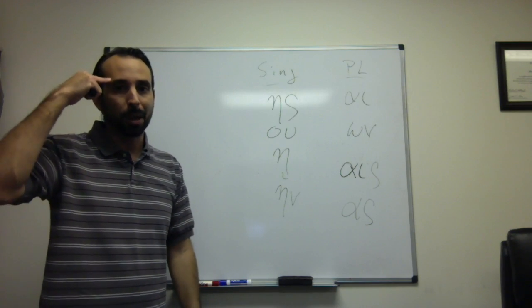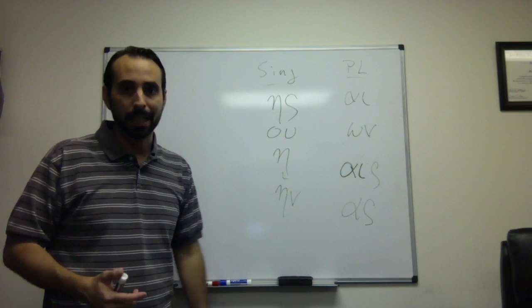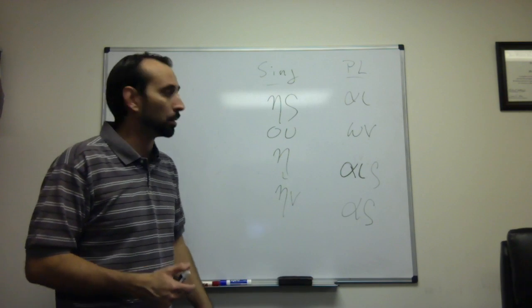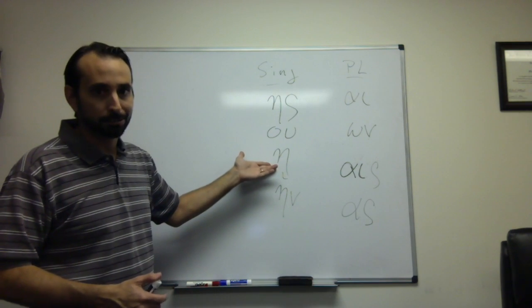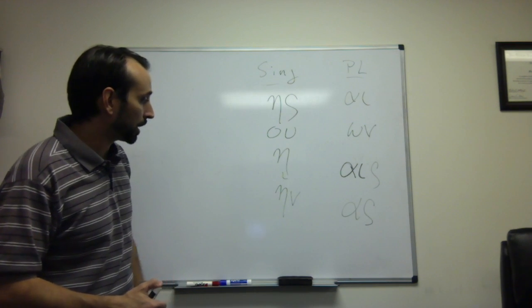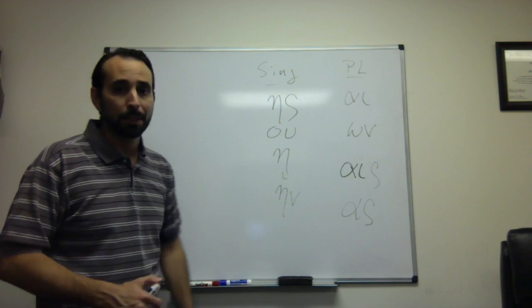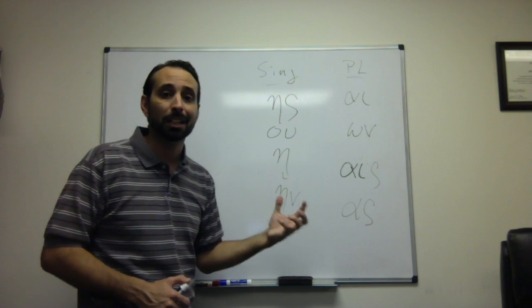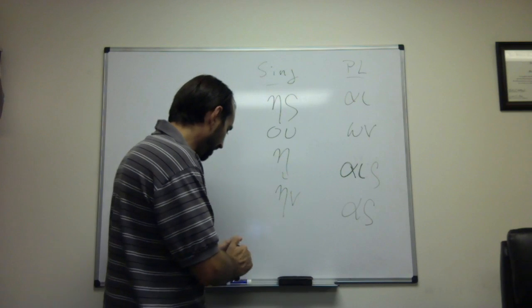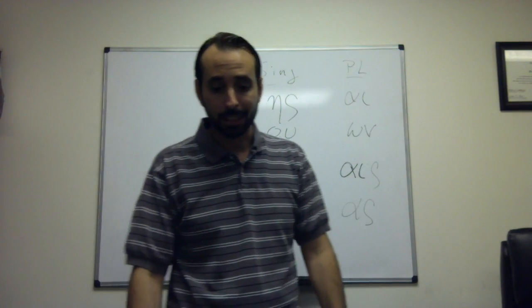You may not know whether it's first declension or second declension, but that doesn't matter. You've correctly located and correctly translated the word. And look, this isn't any different. If you know eta with the iota subscript is dative singular, eta with the nu is accusative singular, you've got this pattern too. It's just there's some slight variation depending on the noun. But if you learn set 1 and set 2, you basically have this.